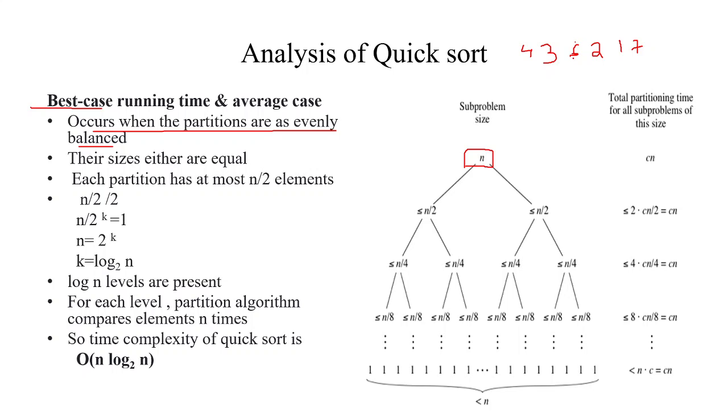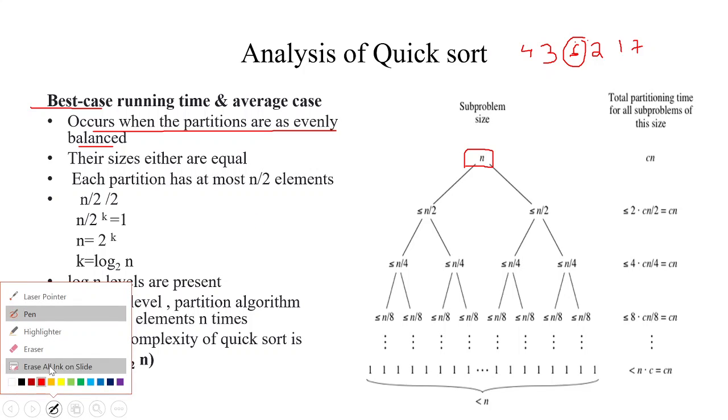In the next pass, we have to consider in such a way that all the elements in the left subarray are smaller than the pivot element and all the elements in the right subarray are greater than the pivot element. The pivot element will stay exactly in between. Then we can say it is a balanced partition.